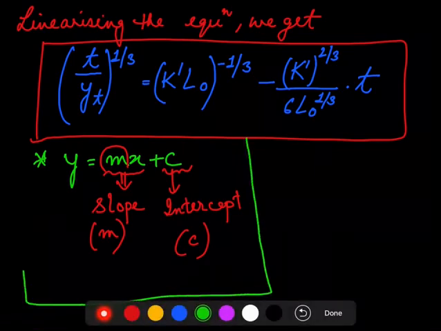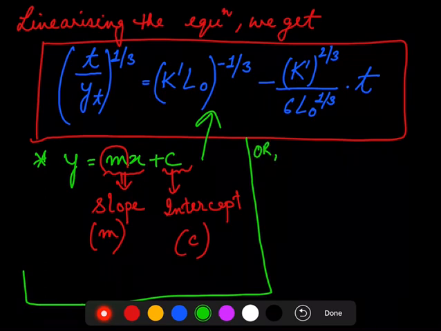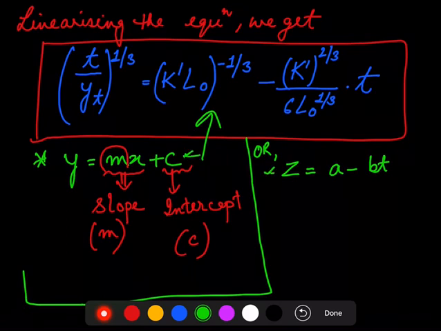You can represent this equation in this form also, z equals a minus bt. Either one, you can use this one also, no problem.